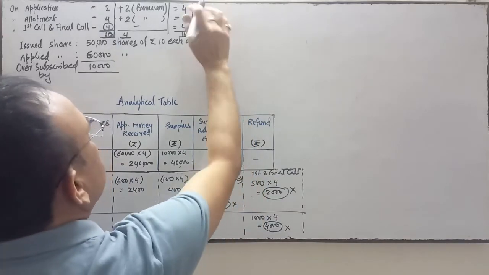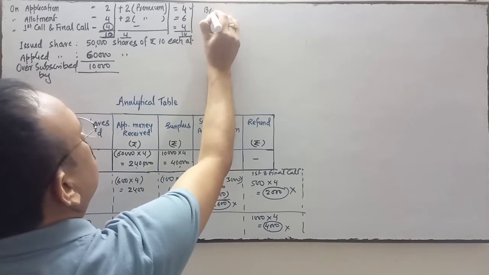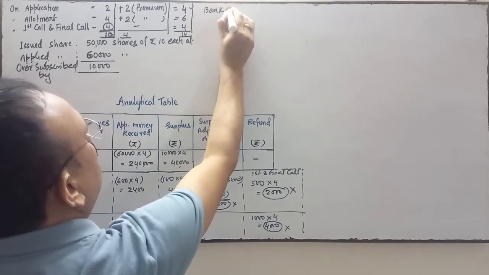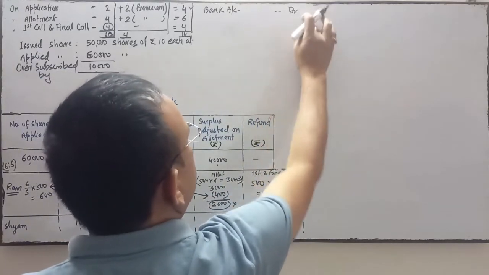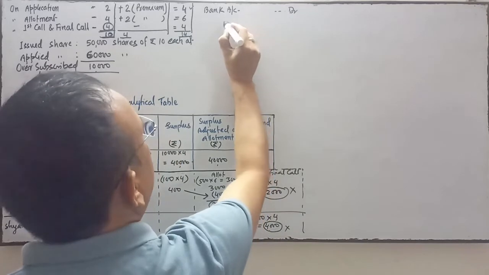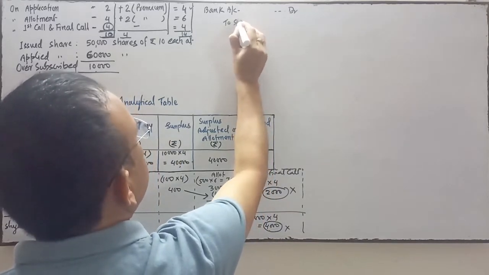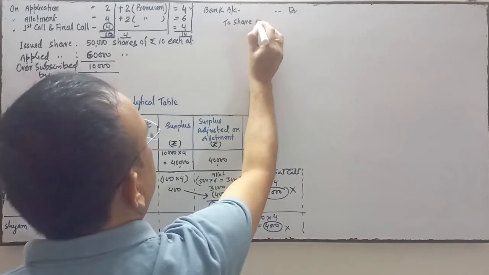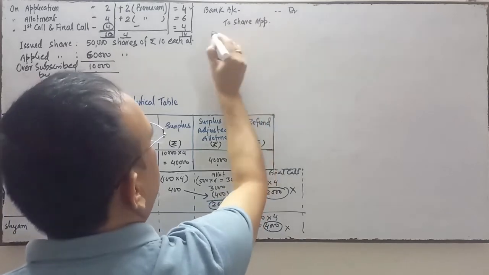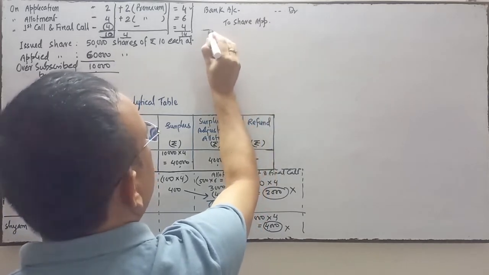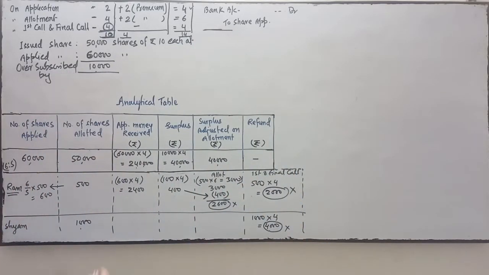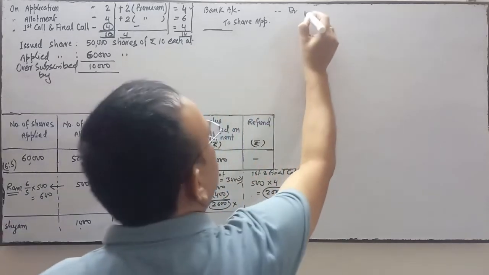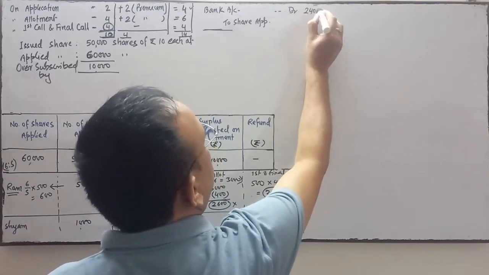So the first entry is bank account debit. Which entry am I going to pass? Entry of application: bank account debit to share application. How much amount have we received on application? 2,40,000 on application, so write 2,40,000 here.